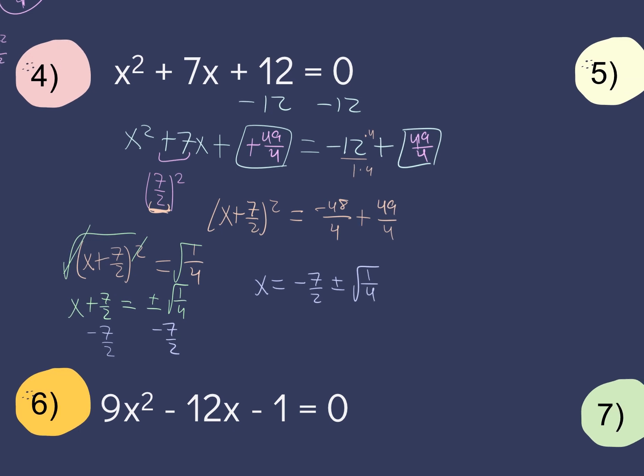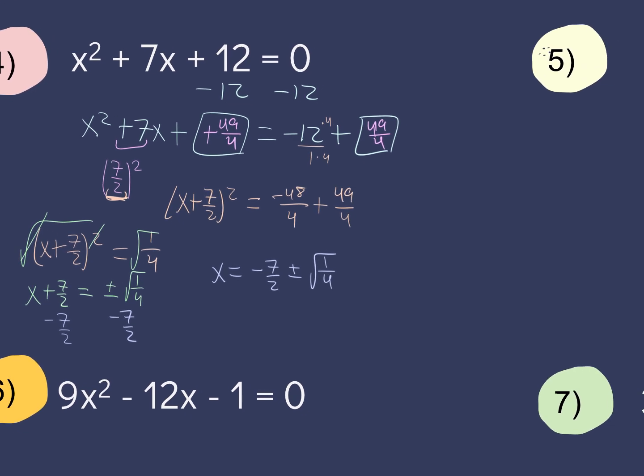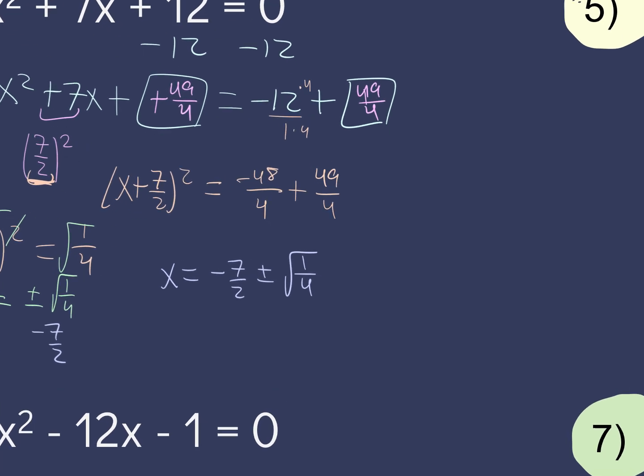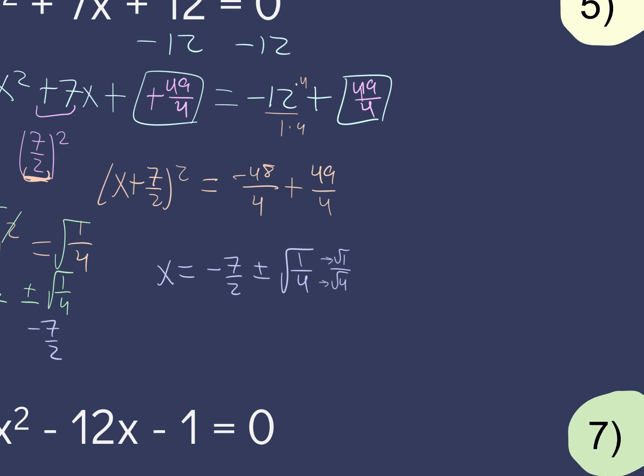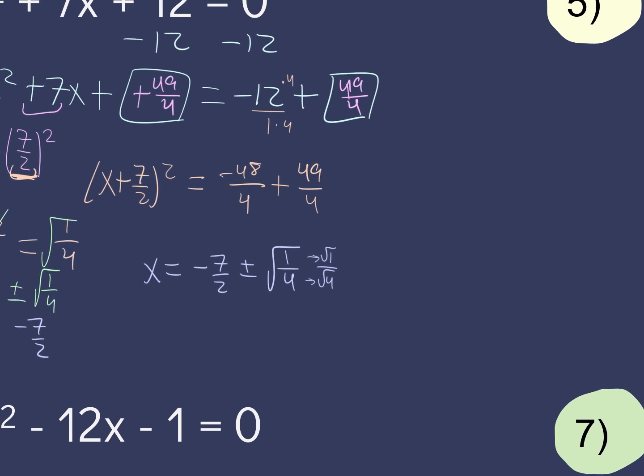All right, you can't leave it like this. You can simplify it. Don't forget to simplify radicals that have fractions. You can just square root the top and then square root the bottom. So that becomes that and that becomes that. So then we should get negative 7 over 2 plus or minus the square root of 1 is 1 and the square root of 4 is 2.